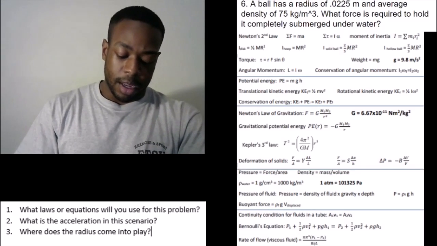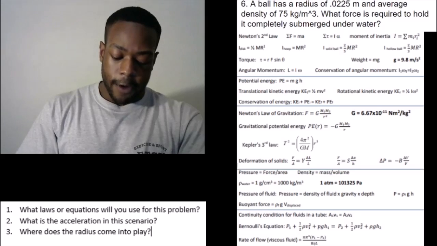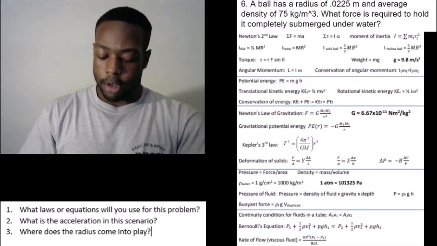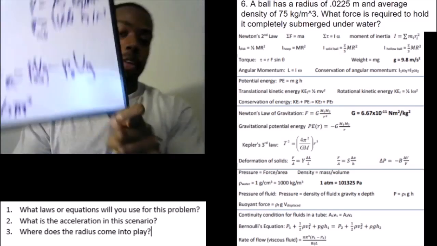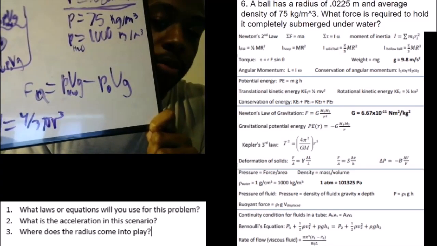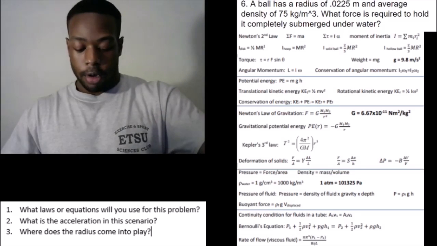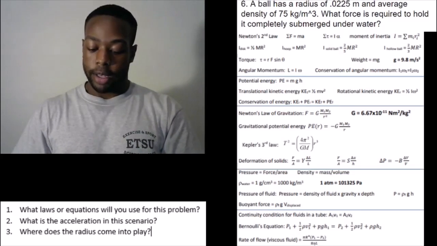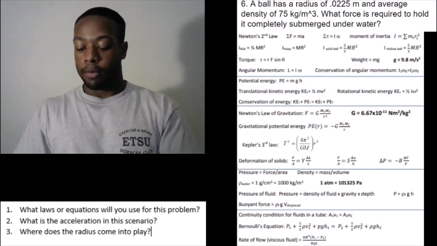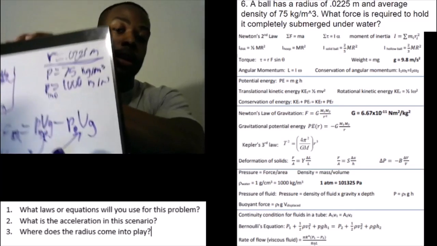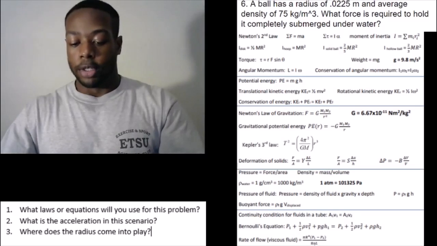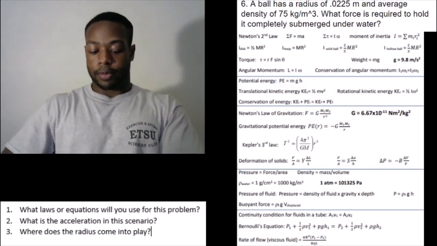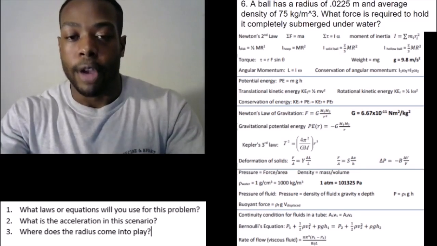And that would be the volume of a sphere, which is 4/3 pi r cubed. So that's where the radius is going to come into play. You're going to plug it in, whatever you get for the volume, and the buoyant force and the weight. So not overly difficult there, and you should have no trouble with that problem.